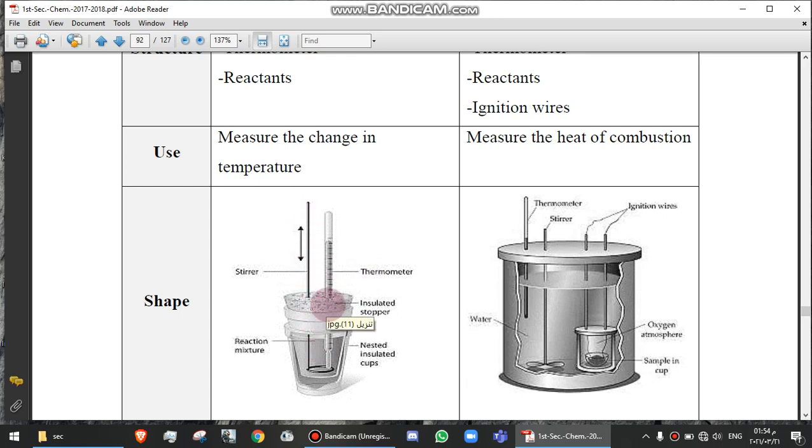The thermometer is used to measure temperature 1 and temperature 2, initial and final. Okay? While the bomb calorimeter is the same, but contains an ignition wire to make an electric spark for making the combustion reaction. Okay? In both of them we use water because it has the highest specific heat.